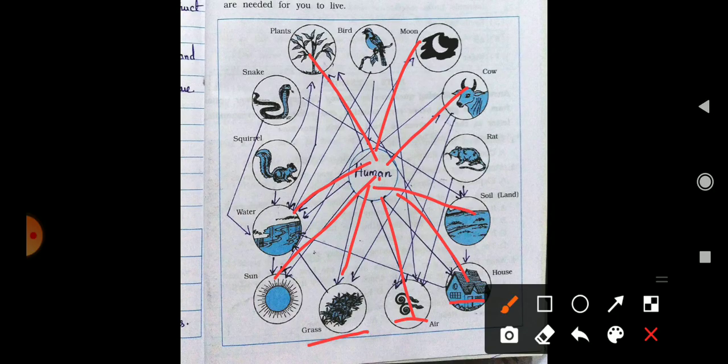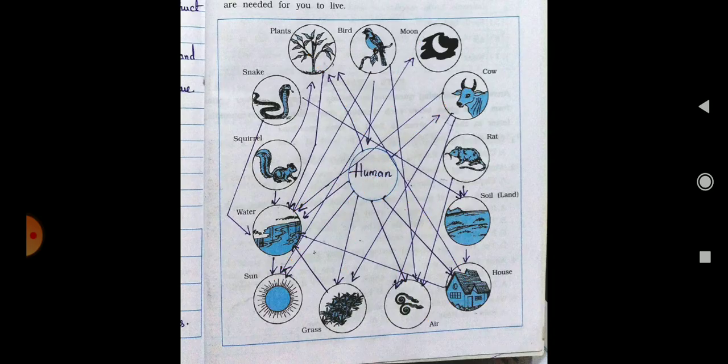So these things are necessary. Like this, all things, like plants, want water. These things are attached with each other. They need them to survive in their life. So like this you have to match with arrows and lines. After this, come to the next page.